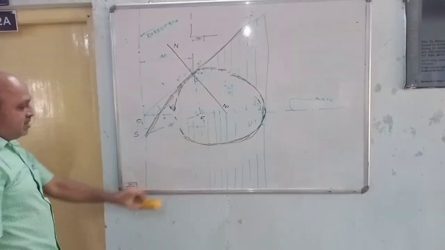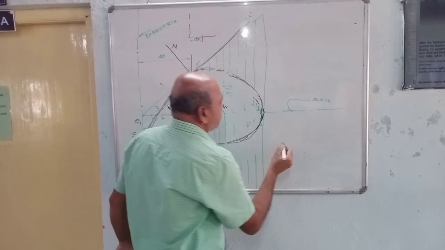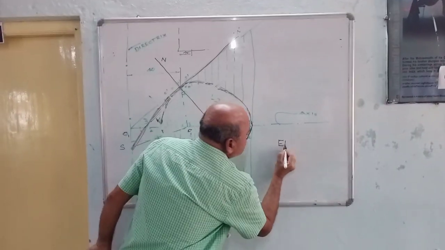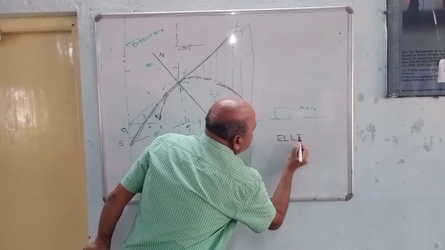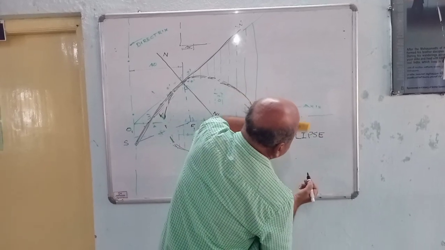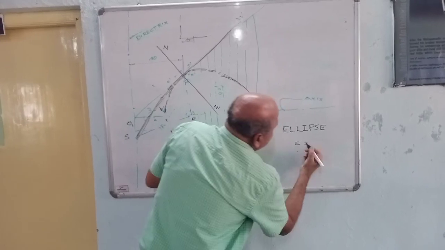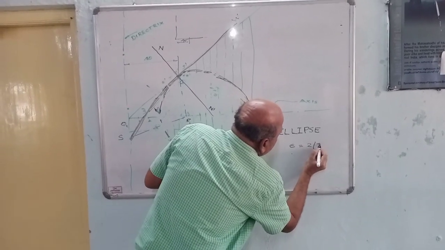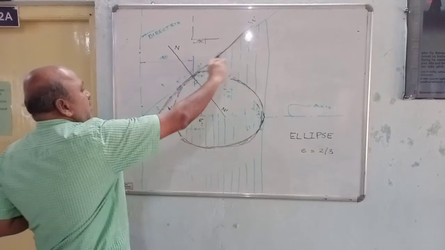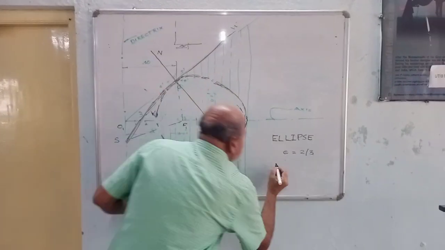Now after completion of it, go just below and write what this is. It is an ellipse. Write it in capital letters: ELLIPSE. Then e is equal to 2 by 3. Then we are having this tangent and normal. What is the tangent here? S to W is the tangent.